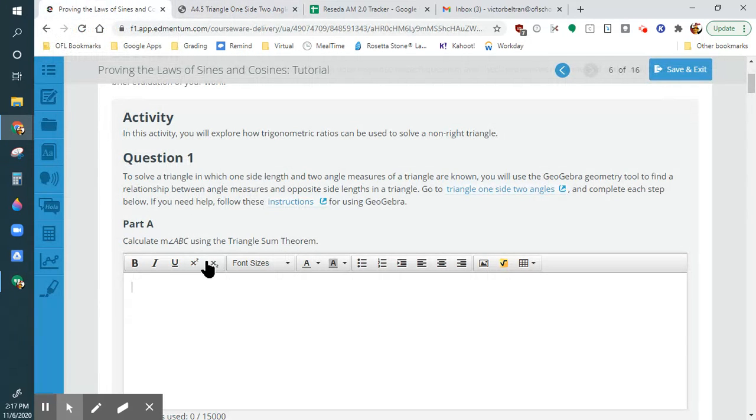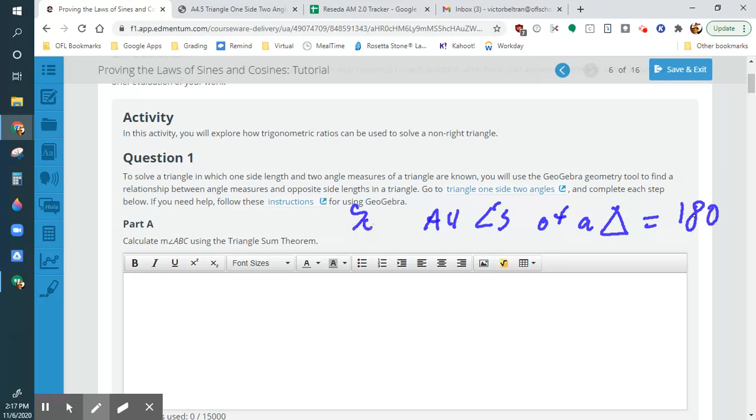So let's look, and we're only dealing with one triangle here. They want us to calculate angle ABC using the triangle sum theorem. So remember, the triangle sum theorem is just this idea that the sum of all angles of a triangle equals 180.